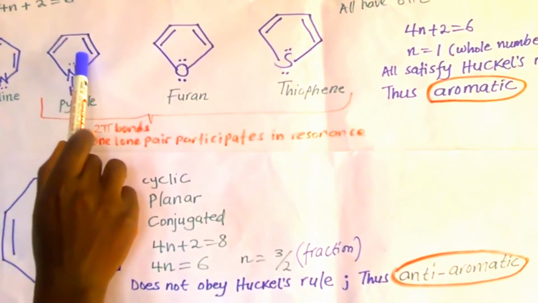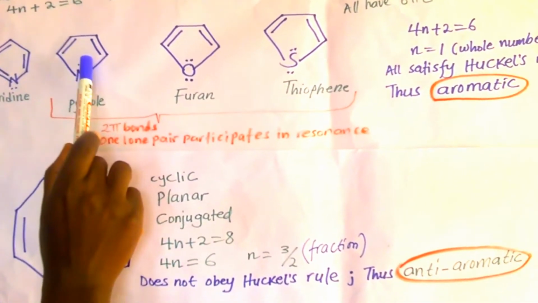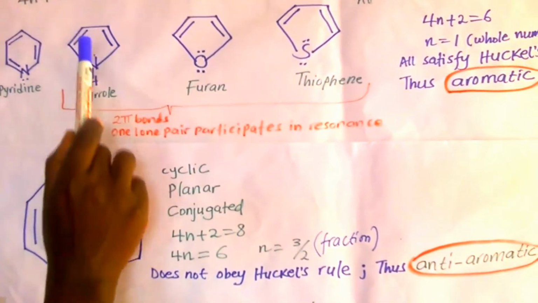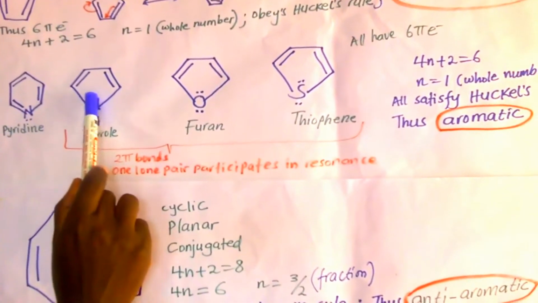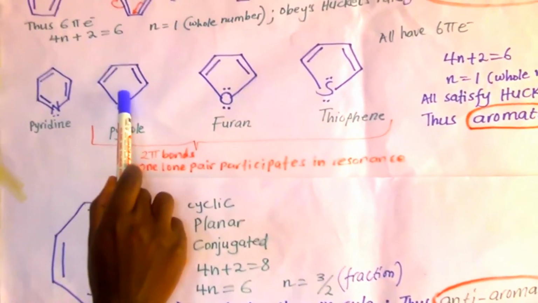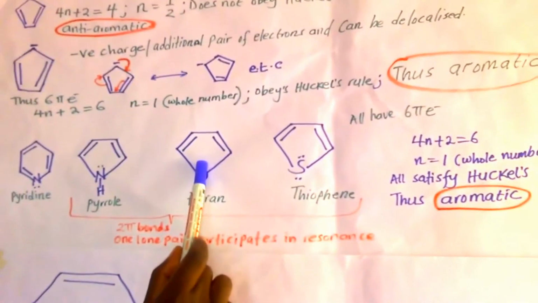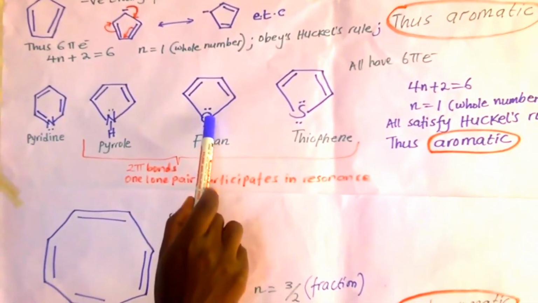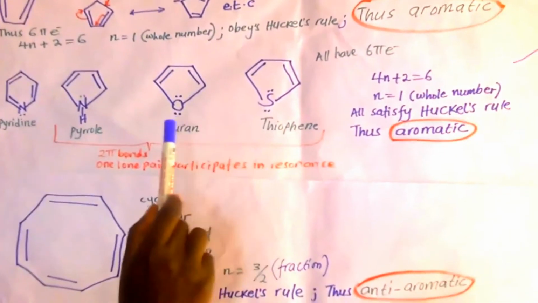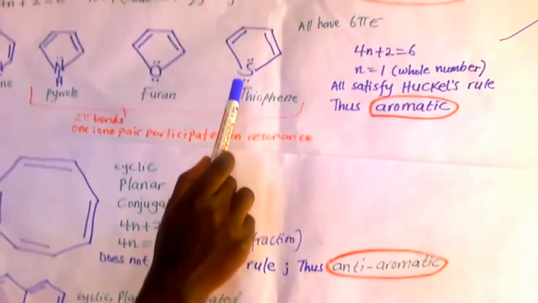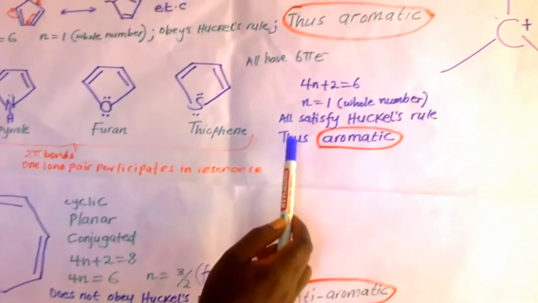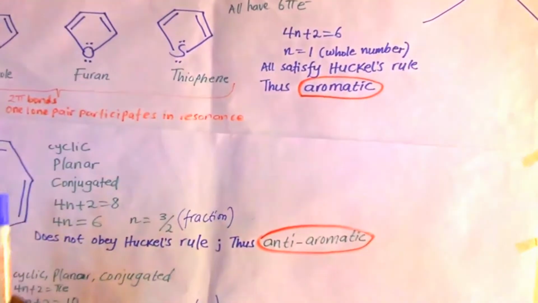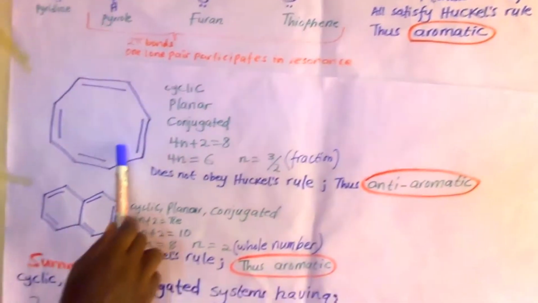So the total is 6 delocalized electrons: 4 electrons are coming from the pi bonds, and another pair is coming from the lone pair of electrons. The same applies to furan and thiophene. They use 1 out of the 2 lone pairs. So all of them have 6 pi electrons, and therefore they obey Huckel's rule, and they are classified to be aromatic.